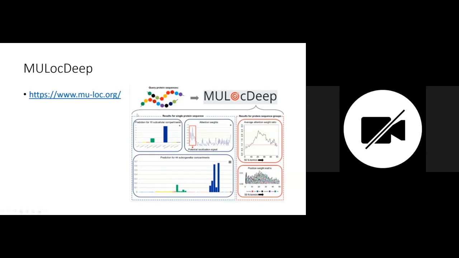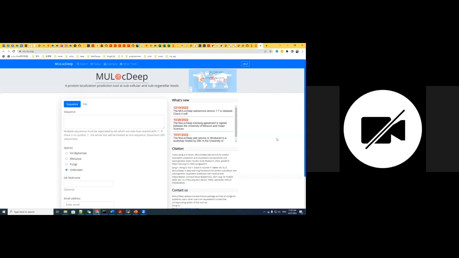So we will do a demo using our tool. Okay, this is the main page of our localization prediction tool. We have this submission panel here, which is very straightforward. You can either paste your sequence or upload a file.